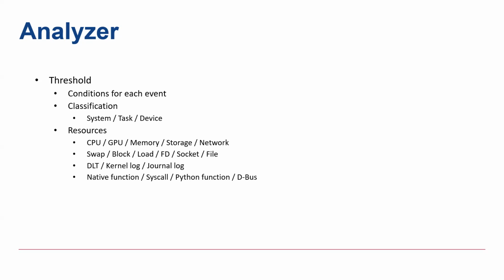It's not just hardware devices like CPU, GPU, RAM, storage, and network that are considered resources. Logical resources such as block, system load, file descriptors, sockets, and storage files are included as well. Additionally, various types of logs, functions, and IPC messages can also be monitored.